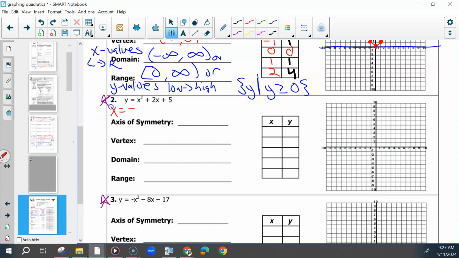What is B? 2 over 2 times what's A? 1. So what's our axis of symmetry? X equals -1. And then put that point into all your x values.